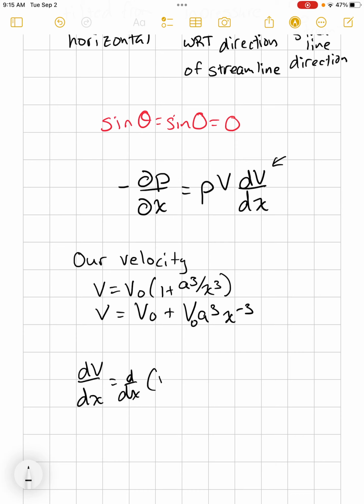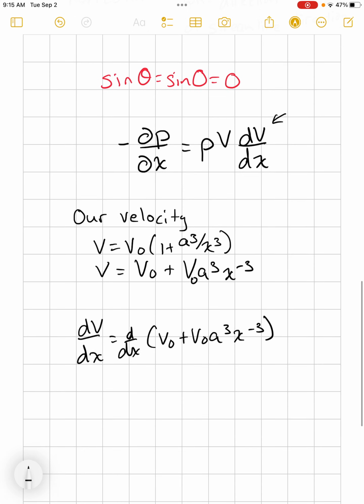So we're going to need d dx of V naught plus V naught a cubed x to the minus 3. This term ends up becoming 0, and the derivative of x to the minus 3 with respect to x ends up being minus 3 times x to the minus 4th.